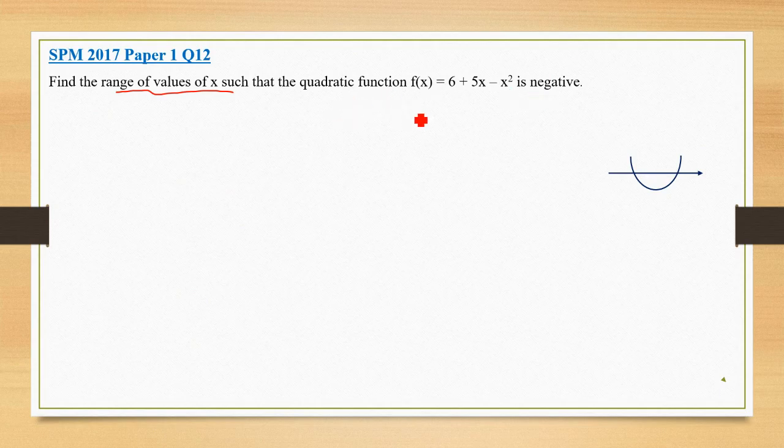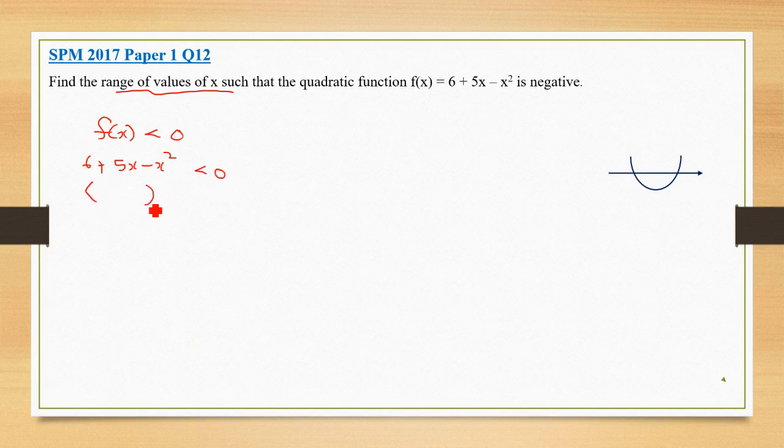Then you follow the instruction the question has given, so you see whether b squared minus 4ac is greater than, less than or equal to 0. But in this question, they say the function is negative. In other words, you're saying f(x) is less than 0. So you're saying 6 + 5x - x^2 < 0.